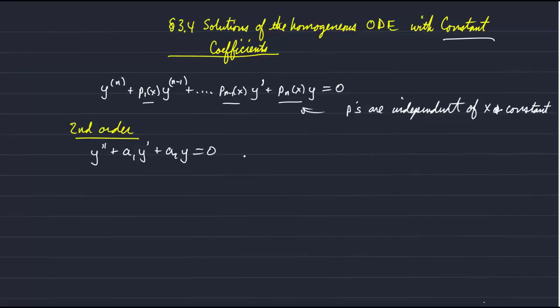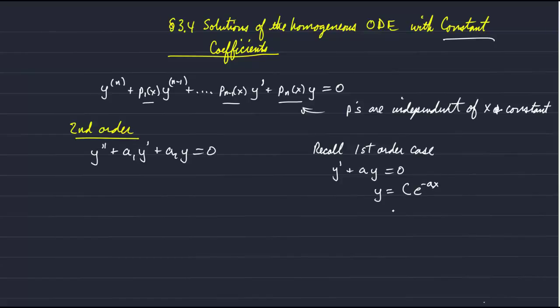Before we get into that, let's recall the first order case. Say y prime plus a times y is equal to 0. And this you can easily solve now, hopefully, and you should get the solution y is equal to c e to the minus ax.